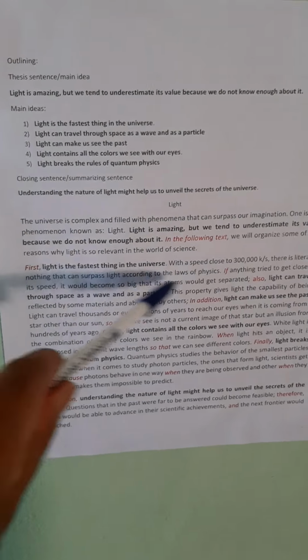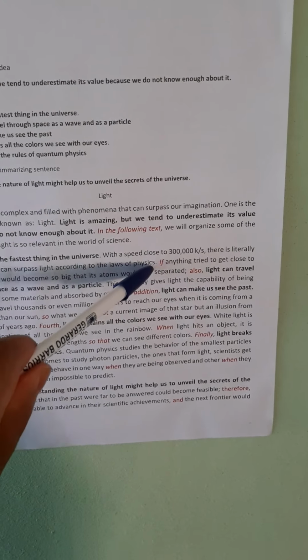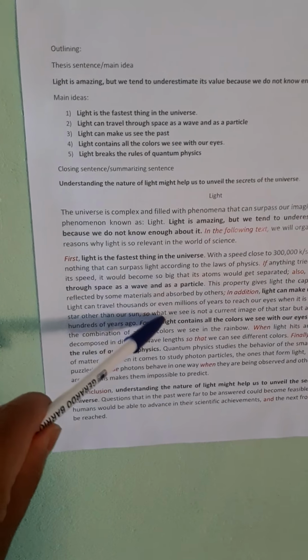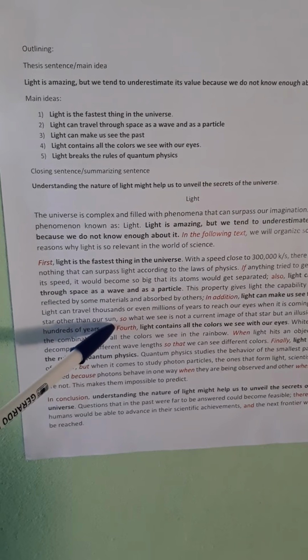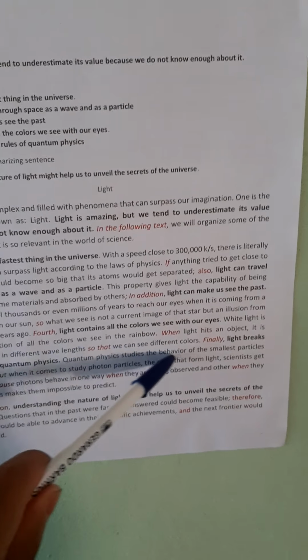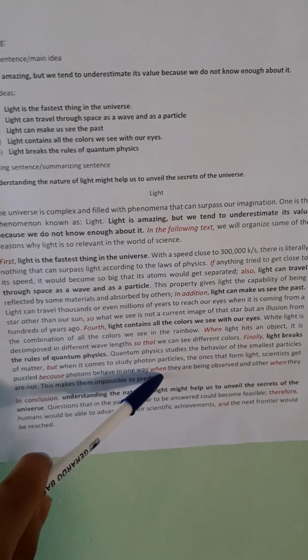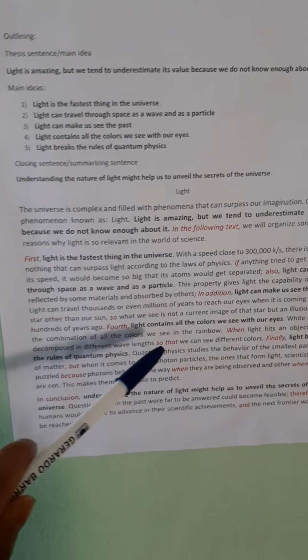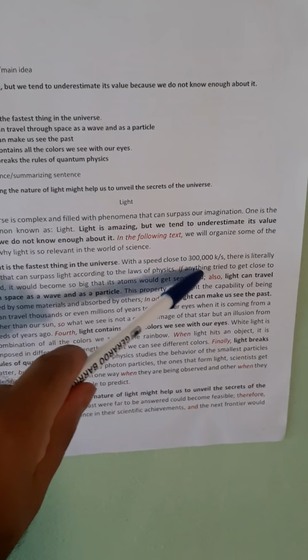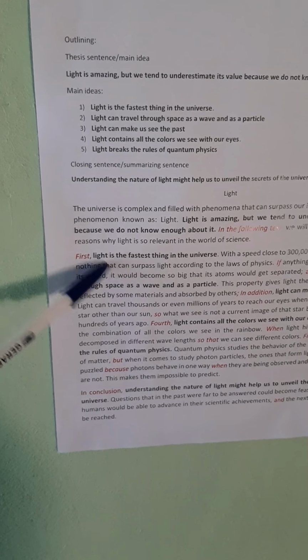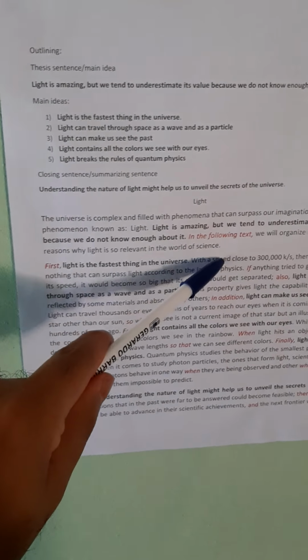For all of them, I can use other connectors to talk about examples, results, contrasts, reasons, time, right? All of that information that we include to describe each of the main ideas is what we call the supporting details.